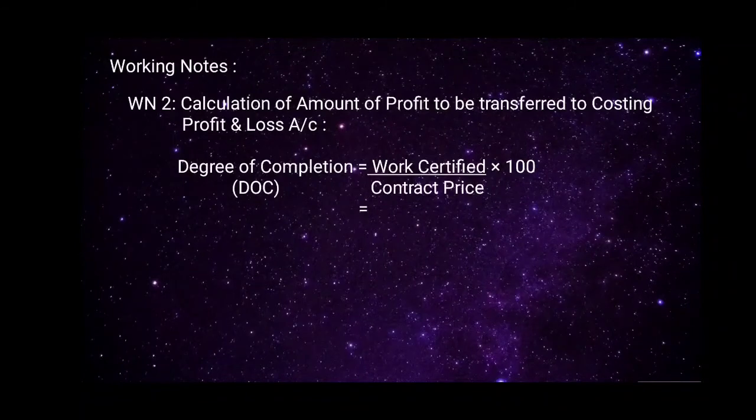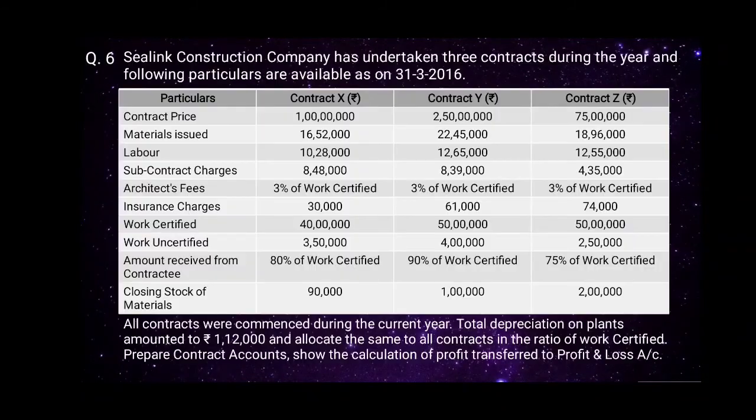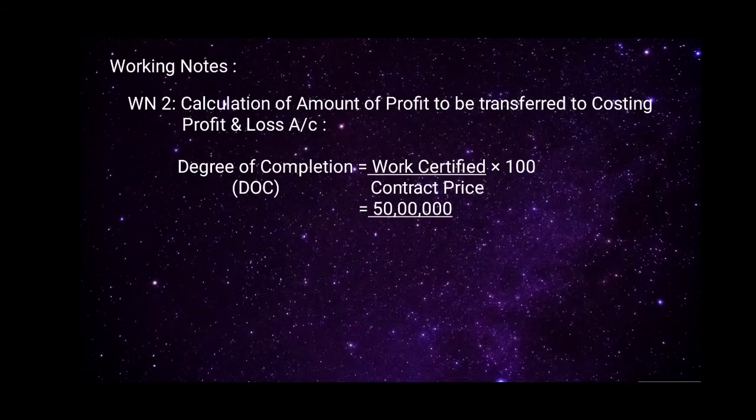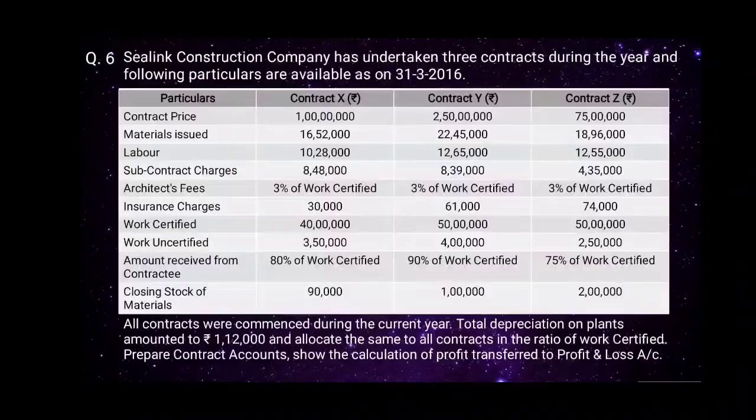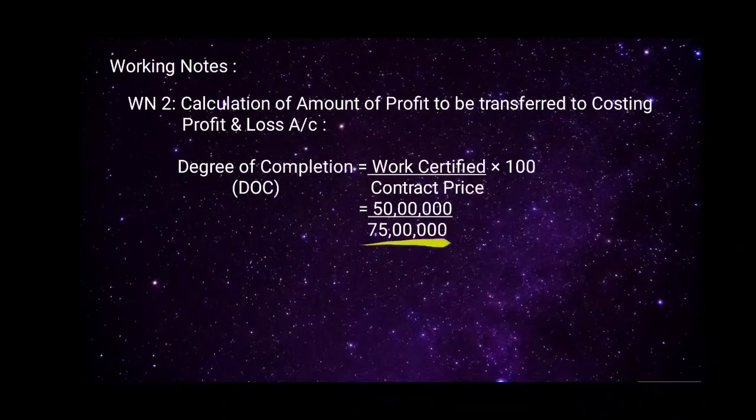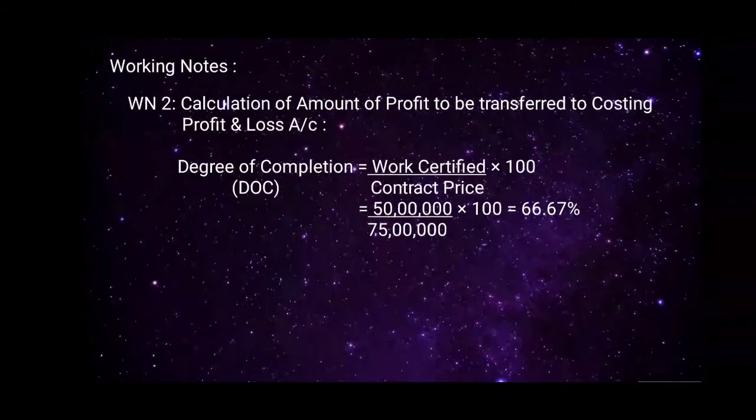For contract Z, the work certified amount is given as 50 lakhs. So rupees 50 lakhs divided by contract price. The contract price for contract Z account is given as 75 lakhs. So rupees 75 lakhs into 100, which will be equal to 66.67%.